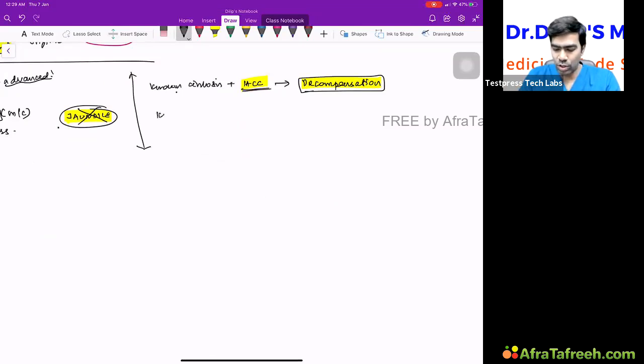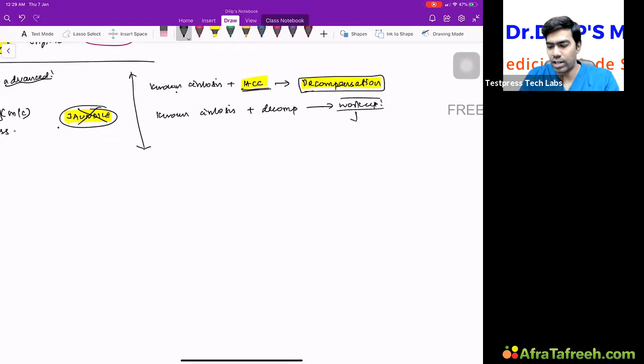A patient who's a known cirrhosis has developed decompensation and you are working up this patient. While working up, you find the patient has a portal vein thrombosis or probably hepatic artery thrombosis.